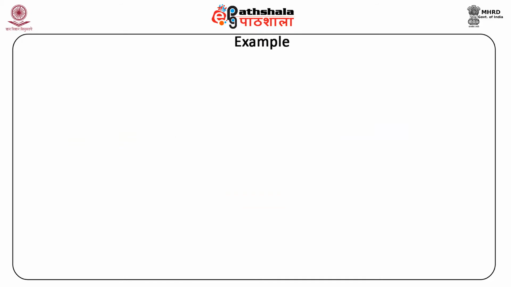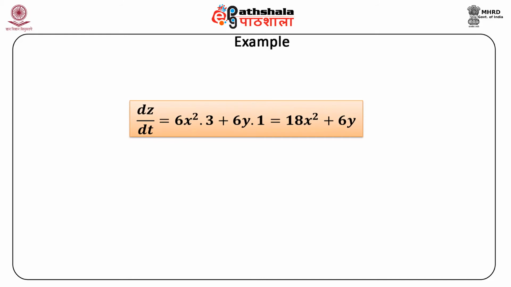Using the formula for the chain rule, we get dz/dt is equal to ∂z/∂x into dx/dt plus ∂z/∂y into dy/dt, which is equal to 6x square into 3 plus 6y into 1, which is further equal to 18x square plus 6y.